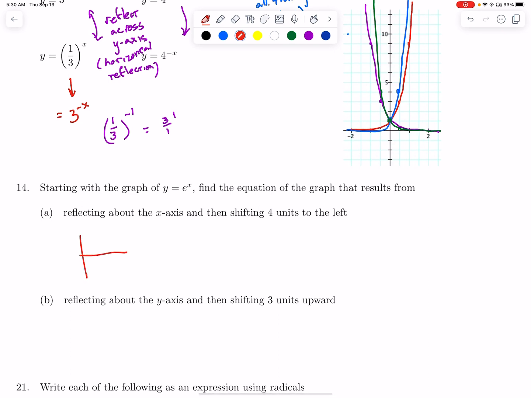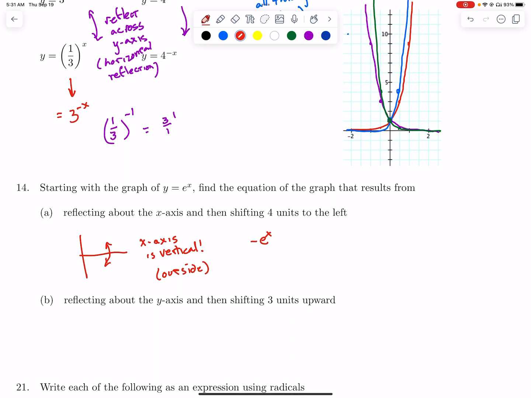e to the x reflect across the x-axis. Notice people get this confused because x-axis does not mean horizontal. X-axis is a vertical reflection. So it's negative on the outside. Remember, all vertical motion is outside the function.